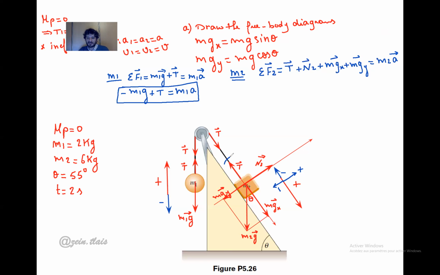Now, T is in the opposite direction, in the negative direction.